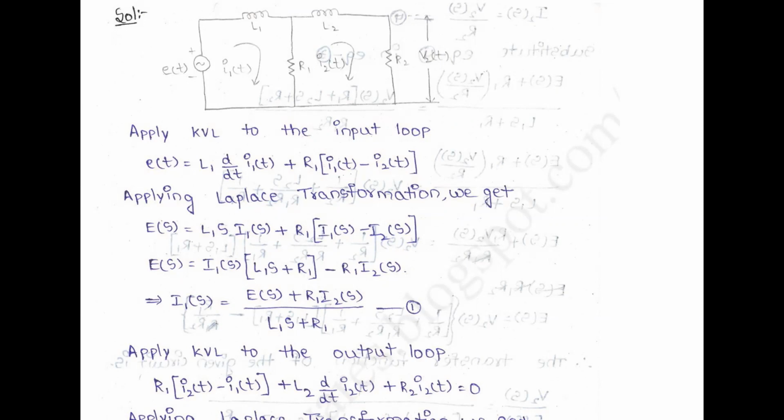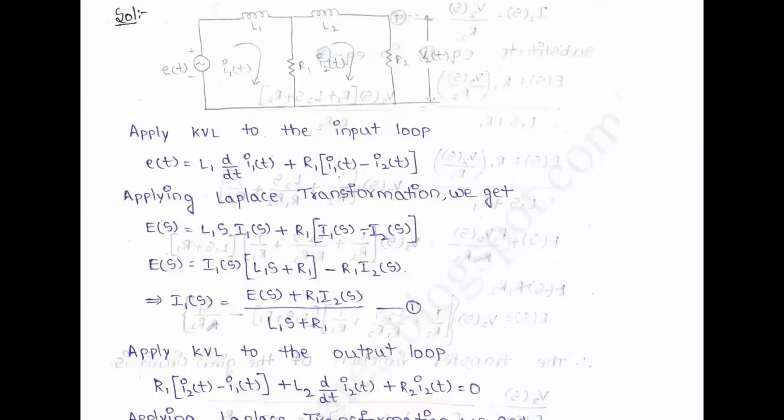So apply KVL to the input loop. The voltage across elements: inductance L1, resistor R1.